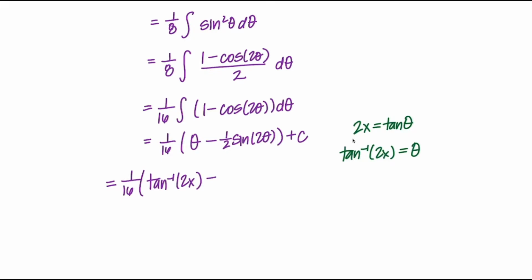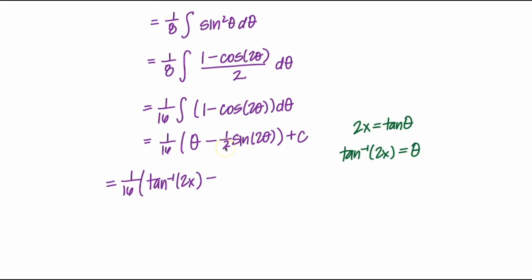And then here, what I don't want to do is substitute in tangent inverse of 2x into this theta and end up with a composition of sine of 2 times tan inverse. I don't want to make something that ugly. So what we're going to do instead is use the double angle identity that I see here.